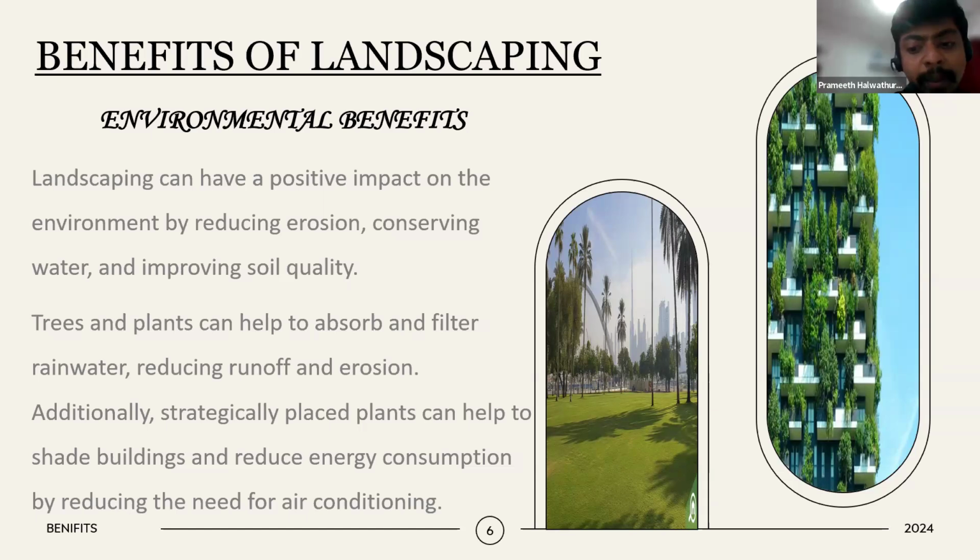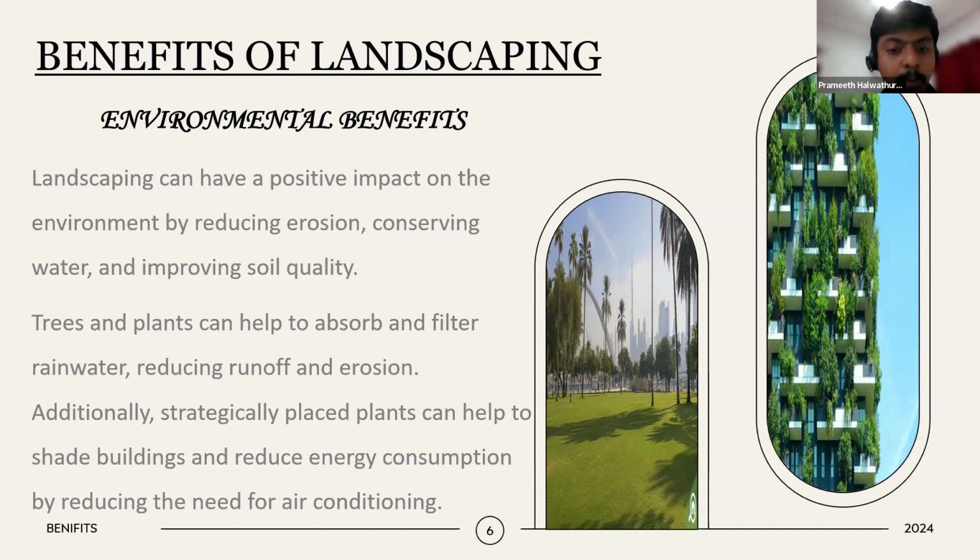We can use landscaping elements for reducing erosion, conserving water, and improving soil quality by using plants, greenery, and some softscape. Softscape we will discuss later. It is a very positive impact for the environment.